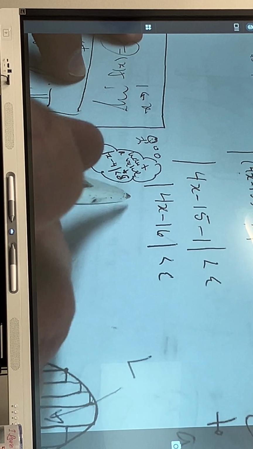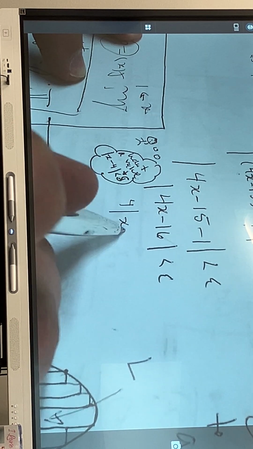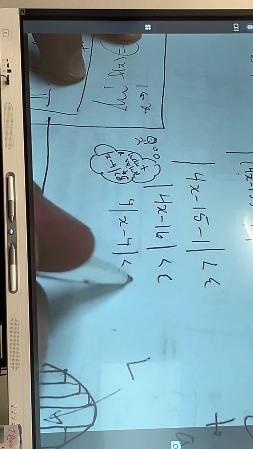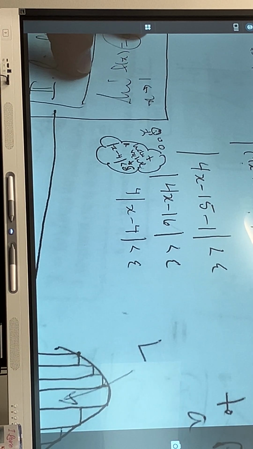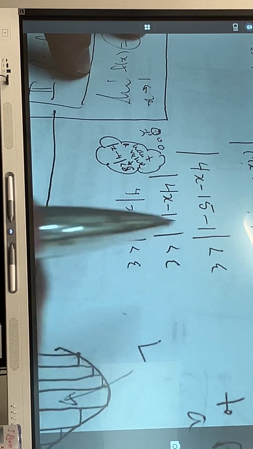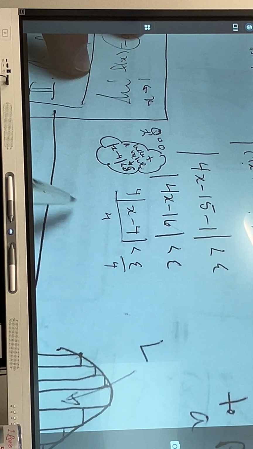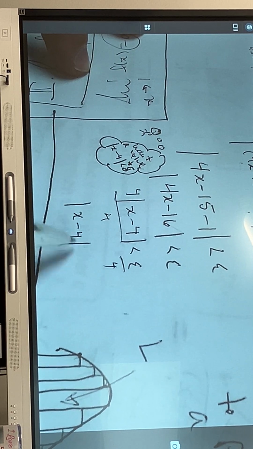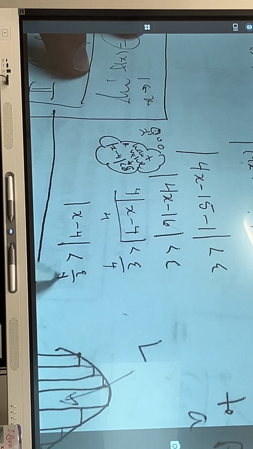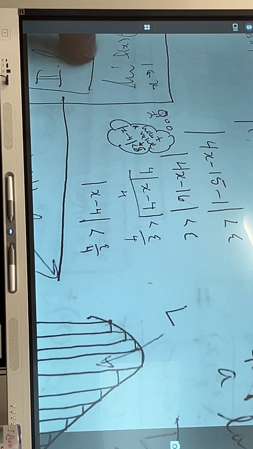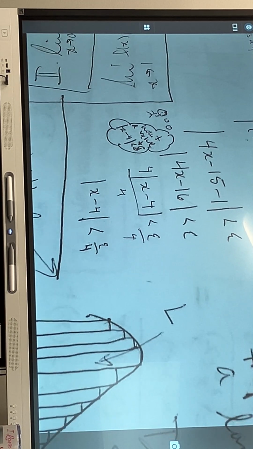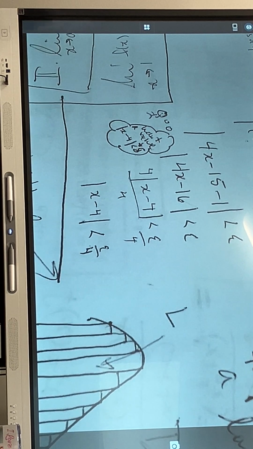Because here we can factor out a 4. 4 can come out of absolute values, no problem. We can divide by 4 right here. So it goes, the absolute value of x minus 4 needs to be less than epsilon over 4. Since we got here by algebraic steps, we could always reverse the algebraic steps.